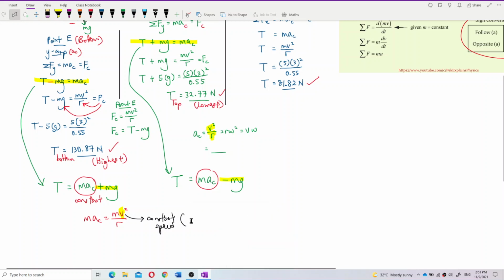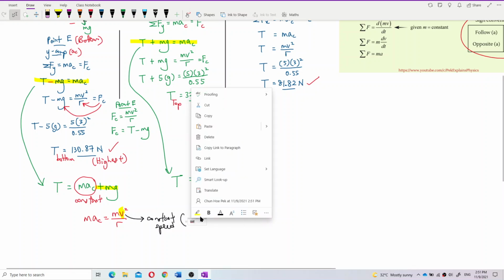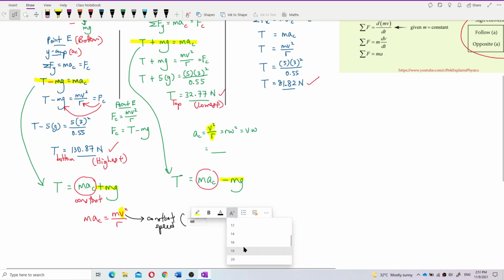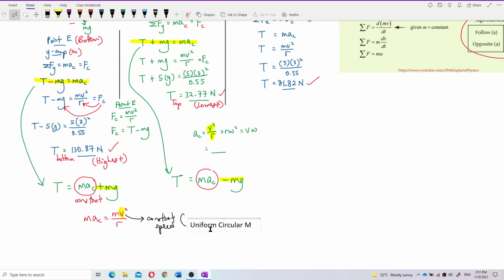Because of uniform circular motion. You see that? Uniform circular motion. That means the v is constant.